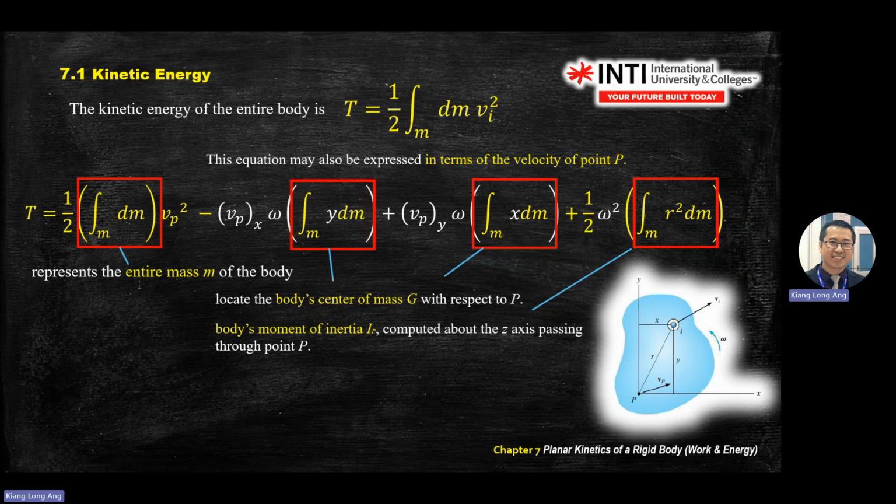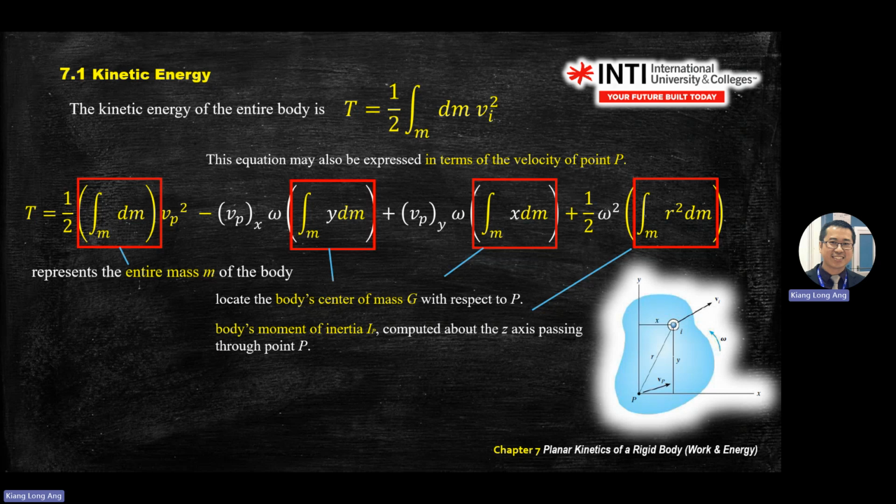These two, the center one will be the center of mass because it's x and y. Okay, so just to summarize, just now I said 4, it can actually be summarized into 3 components. So kinetic energy consists of 3 components in rigid body: mass effect, center of gravity effect, and moment of inertia effect. You need to remember these 3 components.